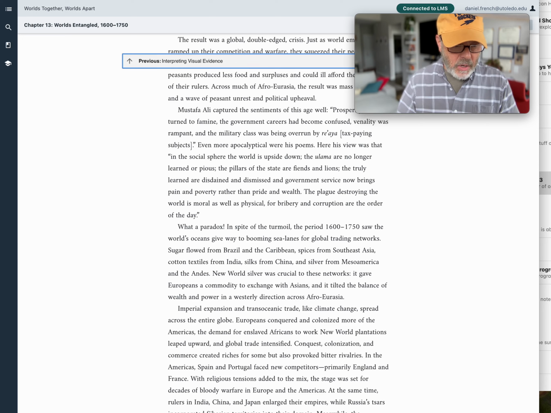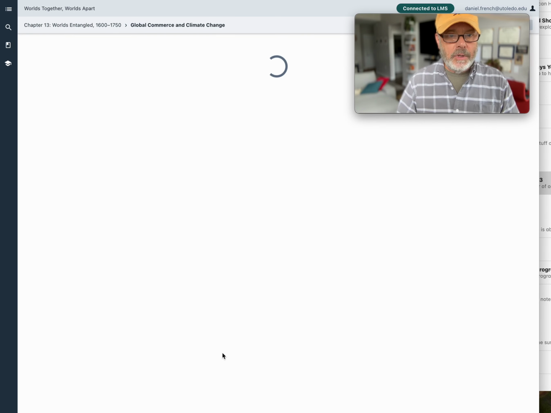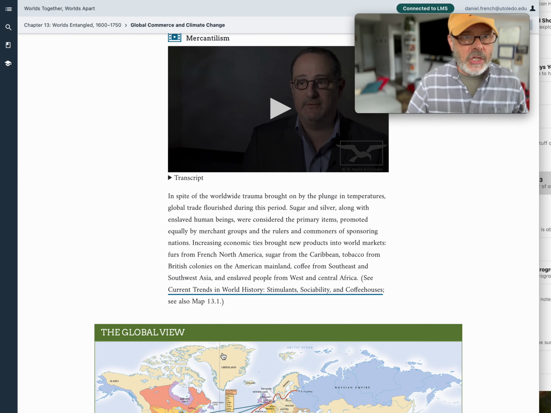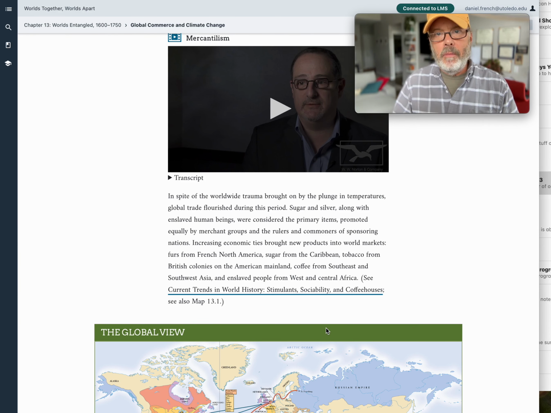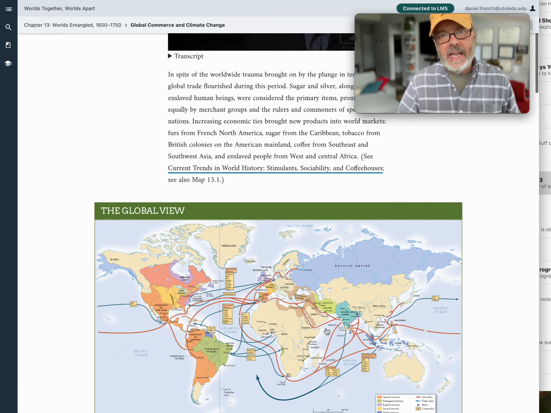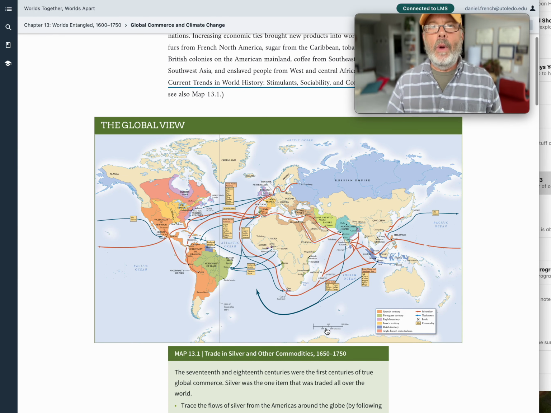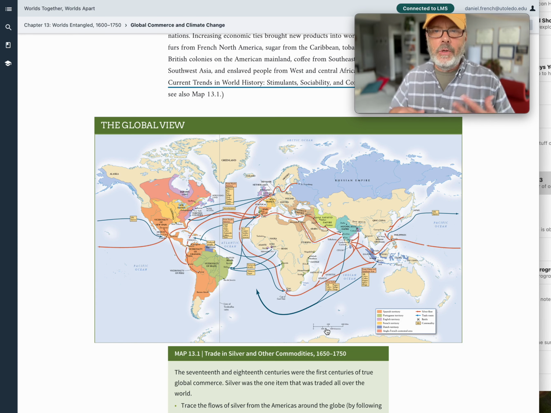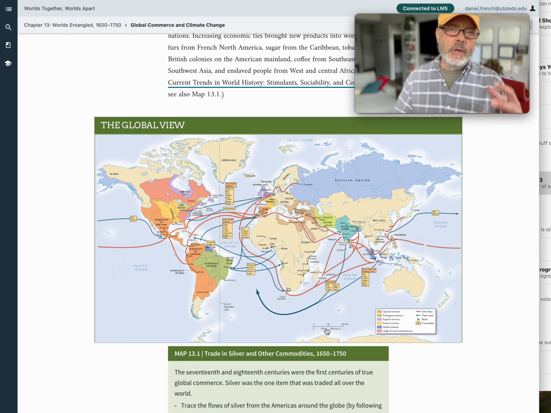And as we go through, the chapter talks a little bit about global commerce and climate change, and this notion of mercantilism and what that is. That's a theory by which the old guard, all right, things used to operate in the old days as far as commerce is concerned. It was really countries versus countries.